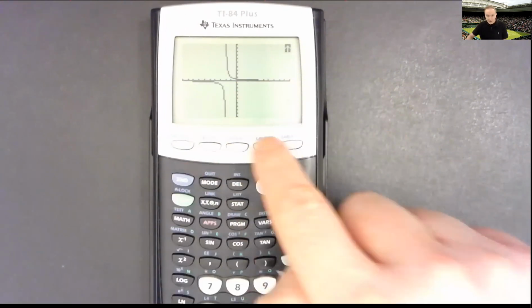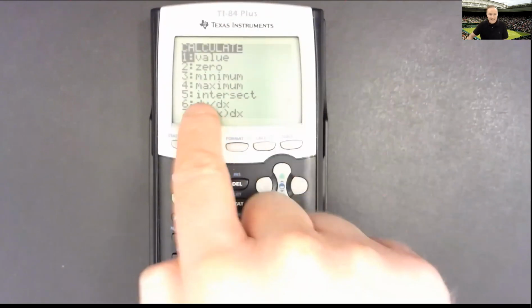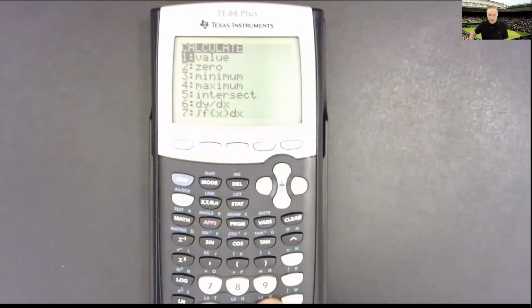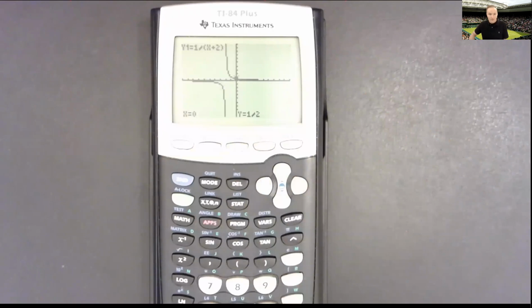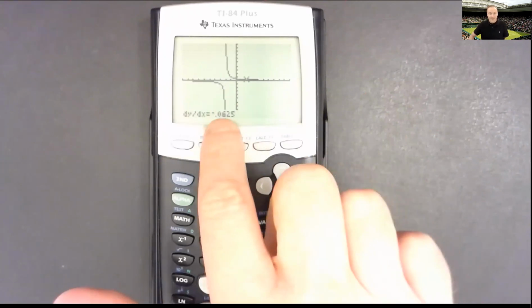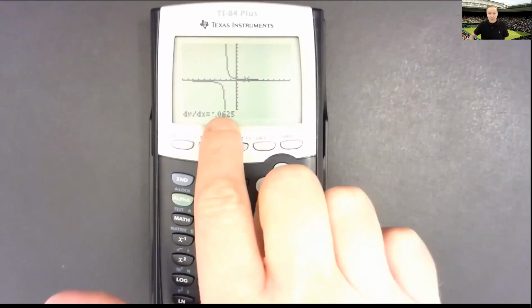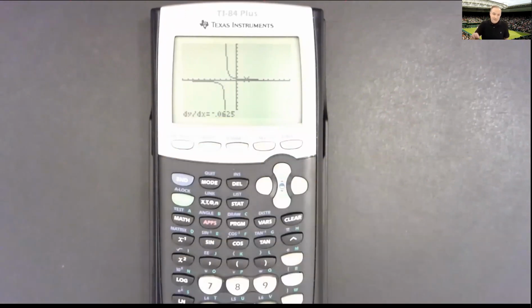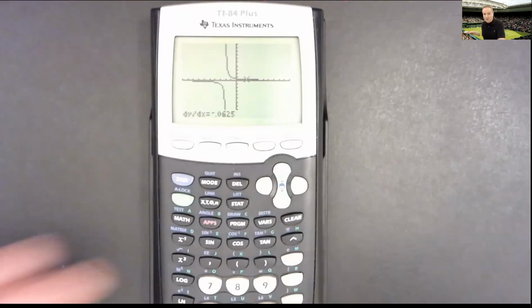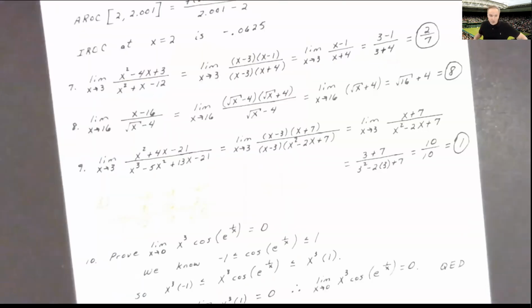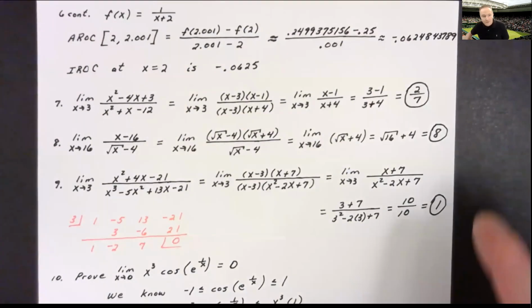If I test that, second, calculate 6, and then you hit x equals 2, please notice it's saying dy dx, the instantaneous rate of change of y with respect to x at the instant x is 2, is that it's going down at a rate of 0.0625 y units per x unit there. Gorgeous stuff.